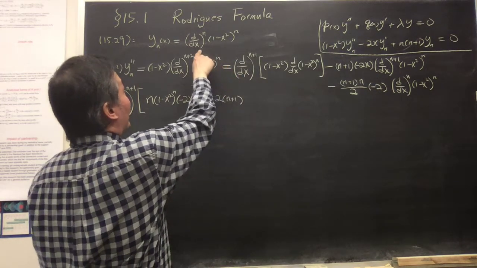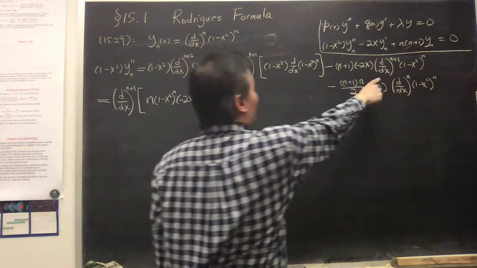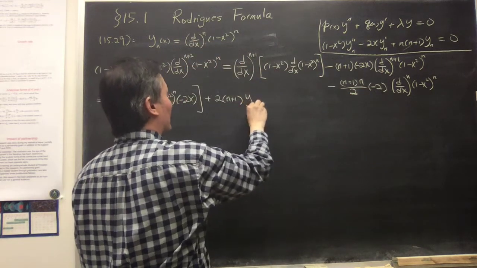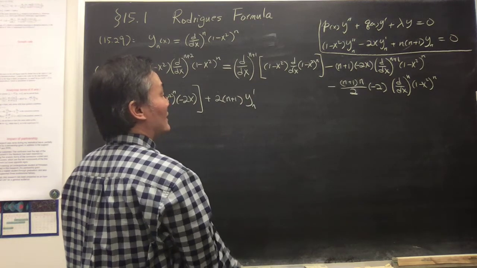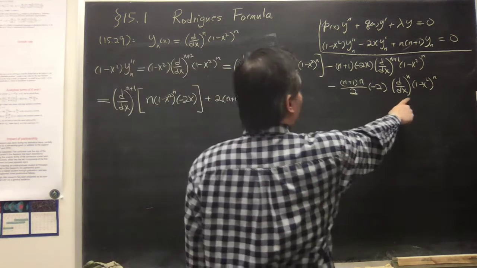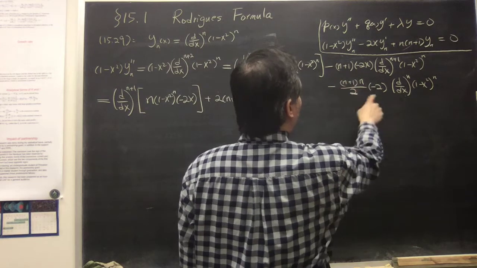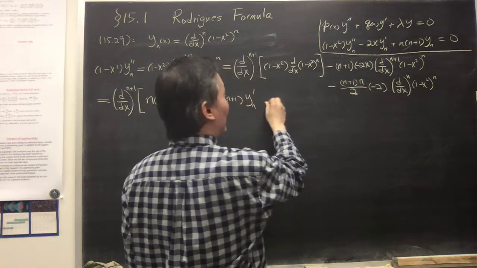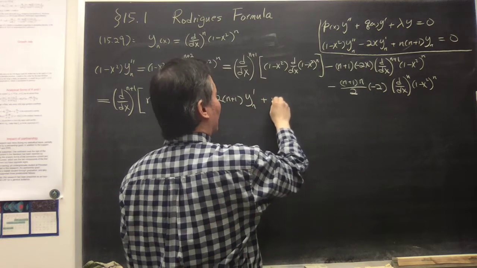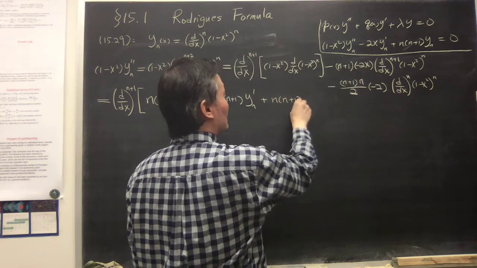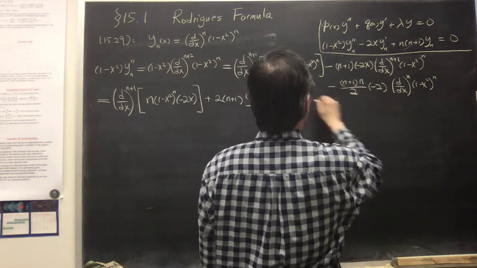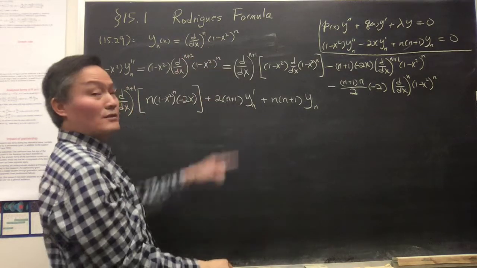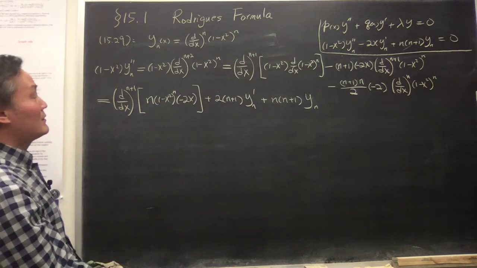So n derivatives is yn, so this is the derivative of yn, so this is yn prime. And for this one, you have also minus minus, and 2 cancels with 2, so you have plus n times n plus 1, and the rest is just yn. This one is just yn.